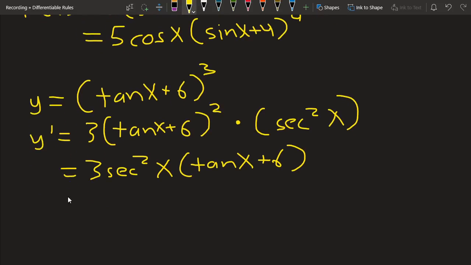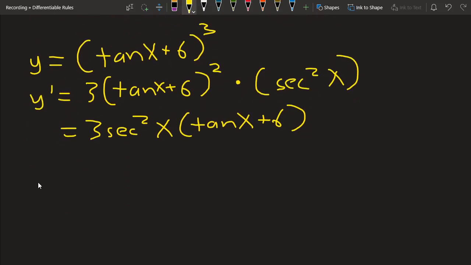So for the next practice problem, let's say we're asked to find the derivative of sine 3x. So what will we do for this? Take a minute or two to figure this out. If you didn't know, for this problem we actually have to use the chain rule since there's not an exponent here.